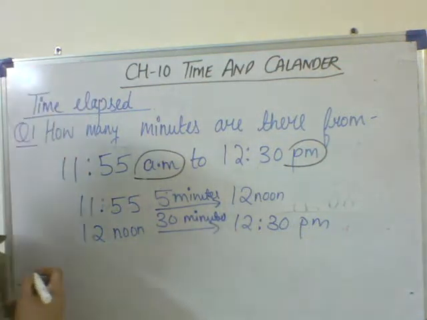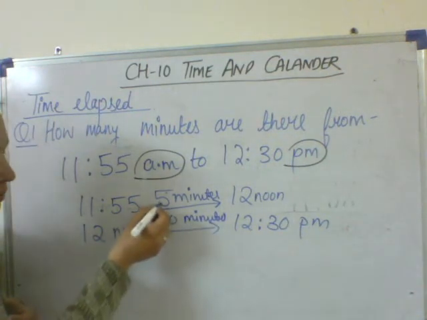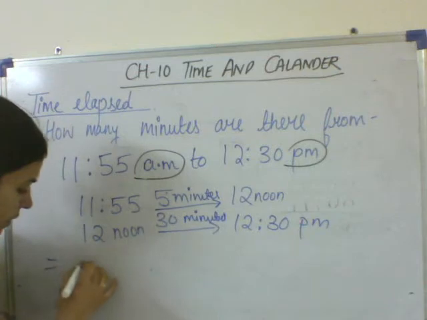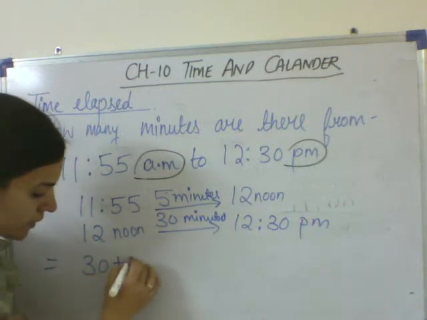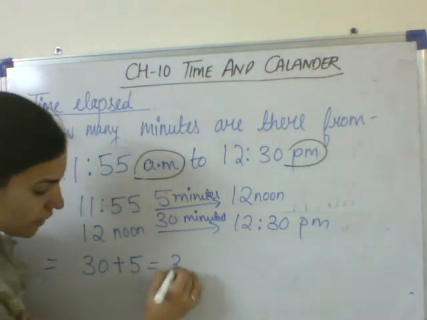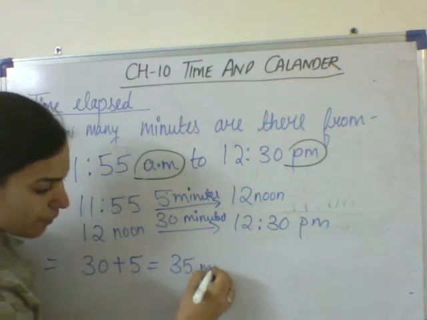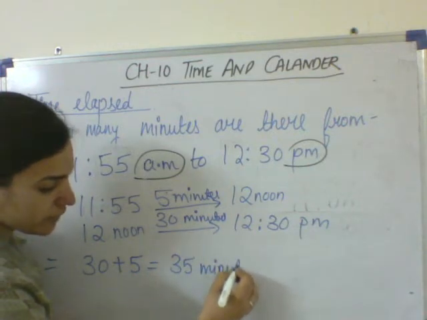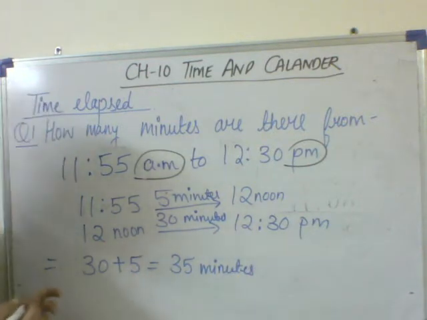So what is the time elapsed? 30 plus 5 is equal to 35 minutes. 35 minutes is the time elapsed between the two clocks.